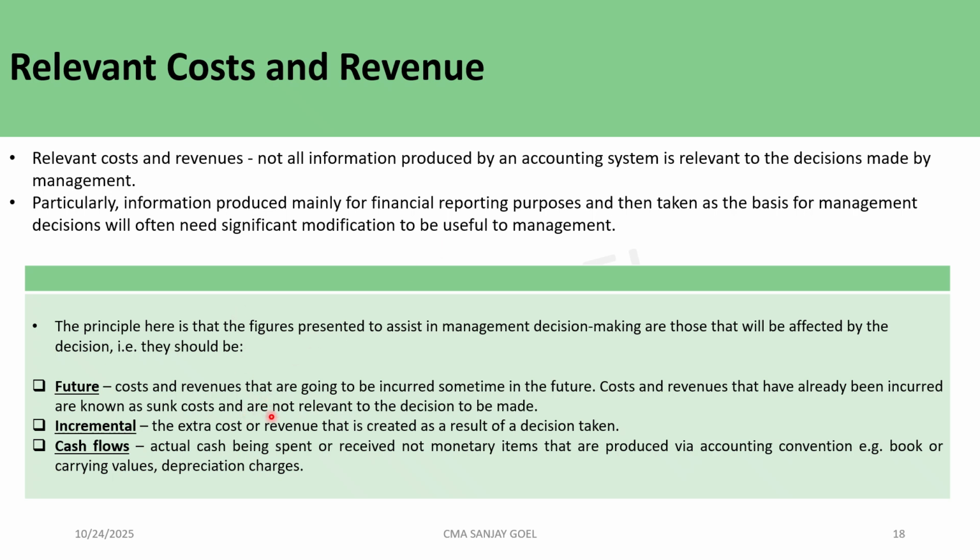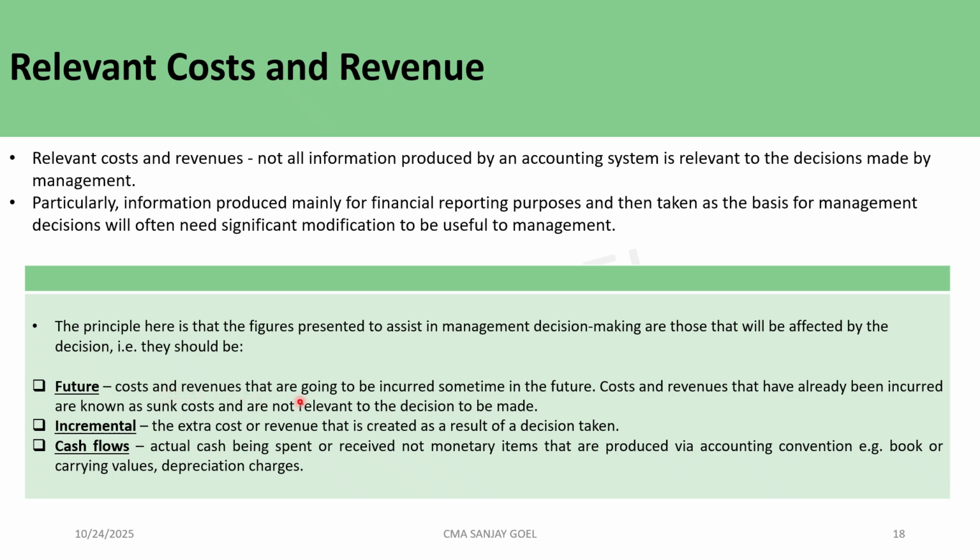The criteria of decision are based on three principles: future, incremental, and cash flow. The principle is that the figures presented to assist in management decision making are those that will be affected by the decision. It means they should have an effect in the future.